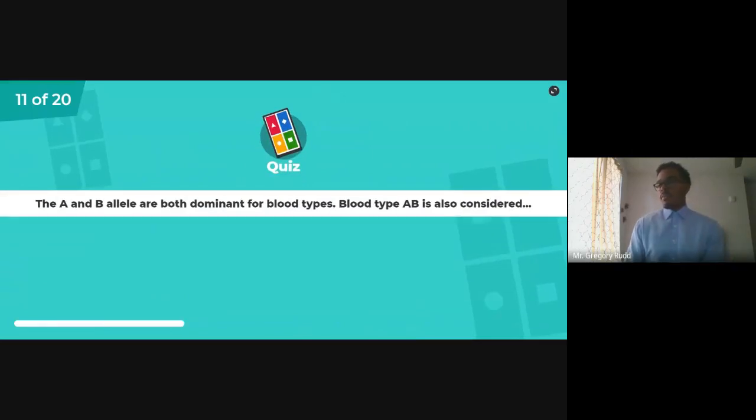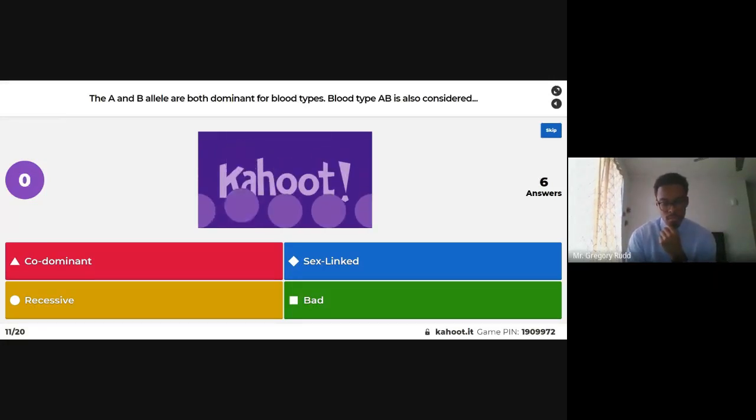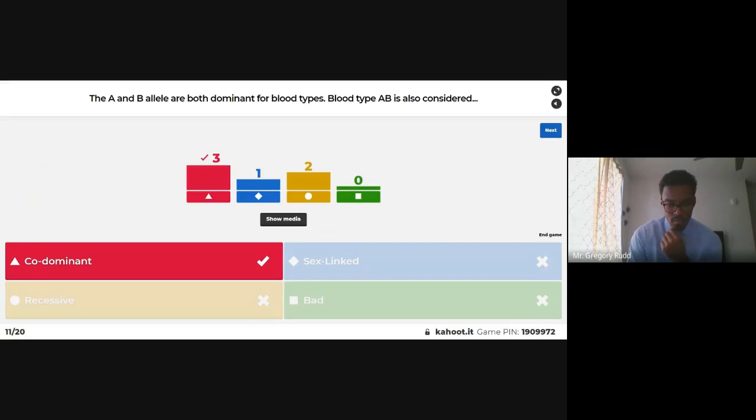The A and B allele are both dominant for blood types. Blood type AB is also considered codominant.